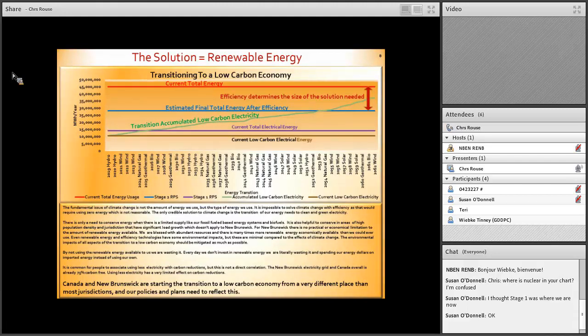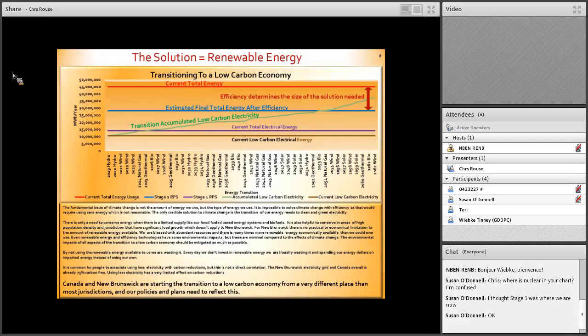But even renewable energy and efficiency technologies have some environmental impacts, though these are minimal compared to the effects of climate change. The environmental impacts of all aspects of the transition to a low-carbon economy should be mitigated as much as possible. And this is back to the least cost environmental portion of sustainability.